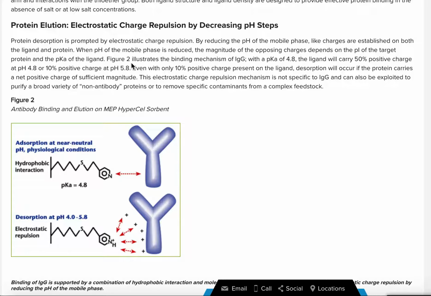When pH of the mobile phase is reduced, the magnitude of the opposing charges depends on the pI of the target protein and the pKa of the ligand. Figure 2 illustrates the binding mechanism of IgG with a pKa of 4.8, and the ligand will carry 50% positive charge at pH 4.8 or 10% positive charge. So basically, they reduce the pH in steps.